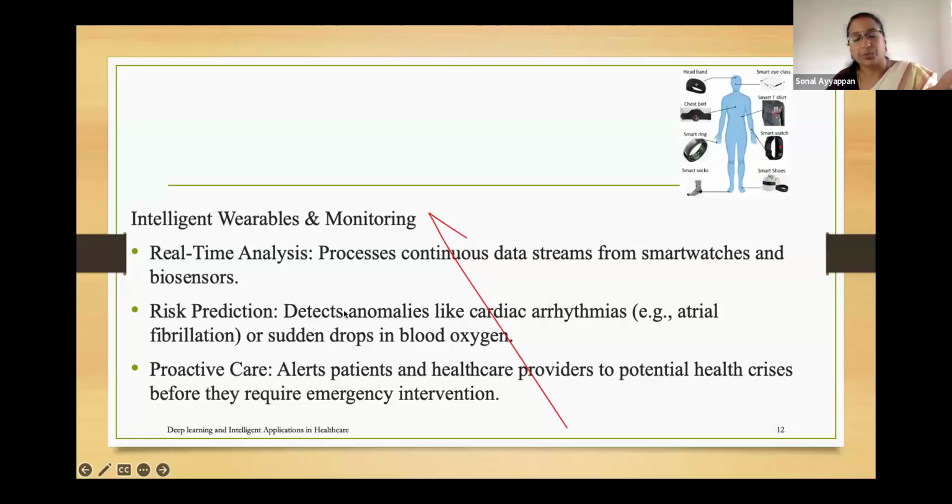Even though it is not touching you, it gives you the content of your blood, what your pressure is, what your sugar level is, what your pulse rate is, and so on. So these are some advances in deep learning, where it tries to find out how these work. So intelligent wearables and monitoring machines go on.